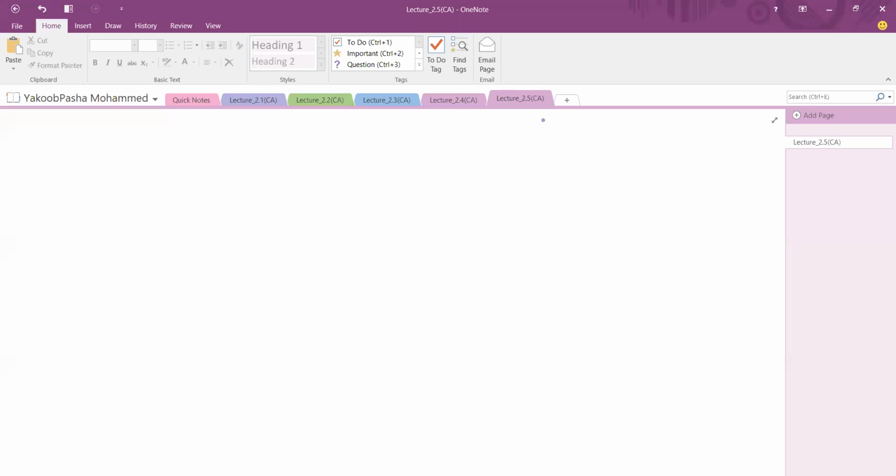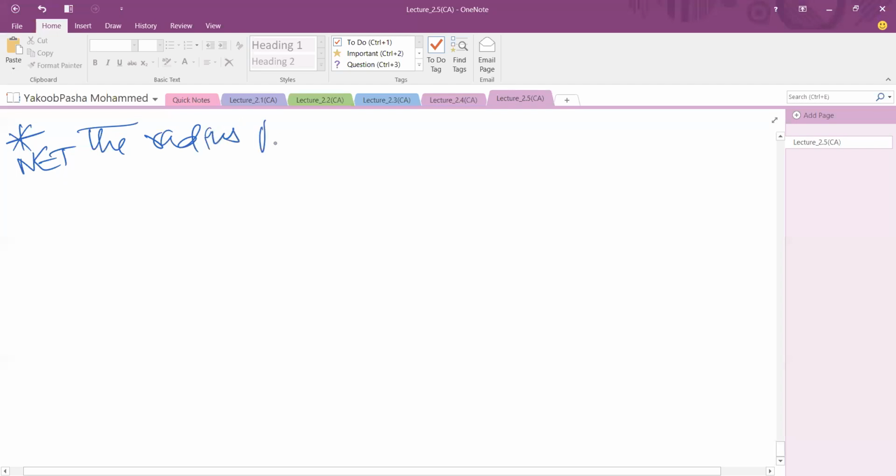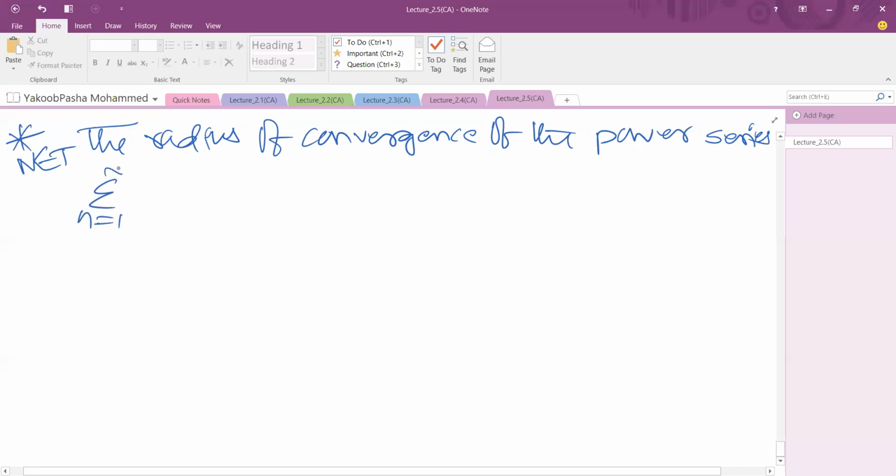Now I'm taking the next problem. The radius of convergence of the power series summation n equal to 1 to infinity n factorial by n power n z power n is.